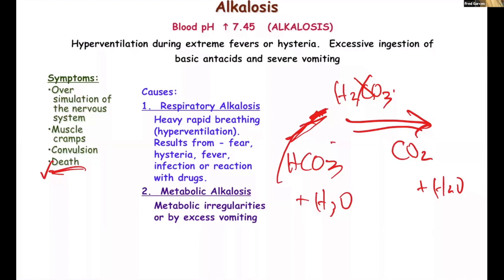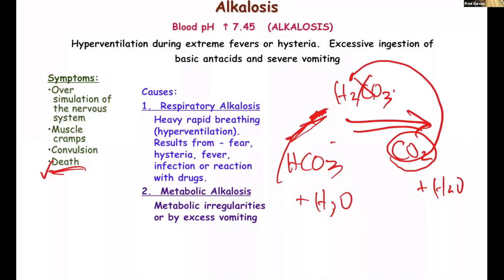When we breathe heavily, then our blood pH goes high, and our amount of acid in our body becomes low. And so, what do you do for these folks who breathe too much? You give them a paper bag to breathe in. And the reason why you do that is you need to circulate the carbon dioxide back into the body.